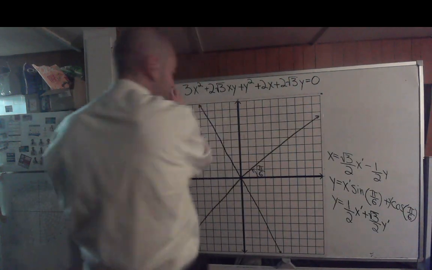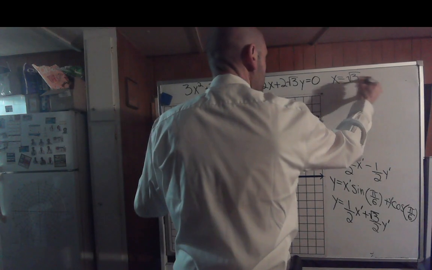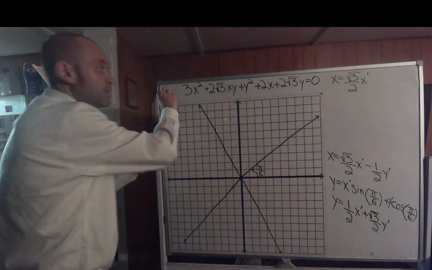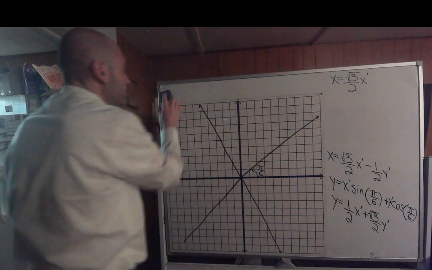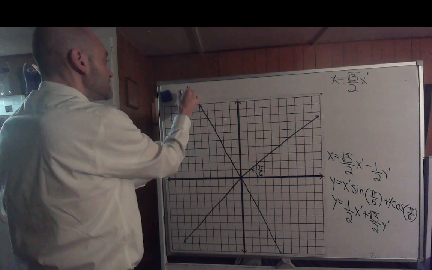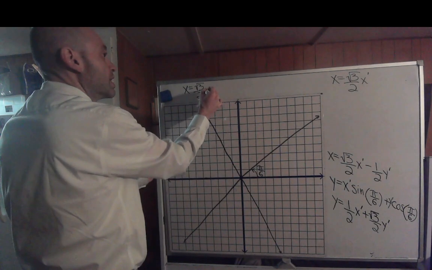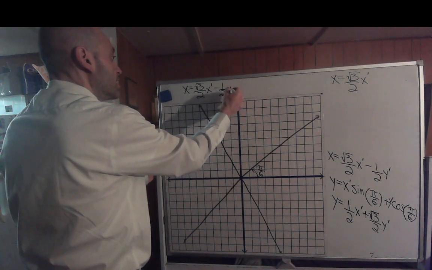I'm going to write my x and y substitutions up here. So x is going to equal square root of 3 over 2 x prime minus 1/2 y prime.